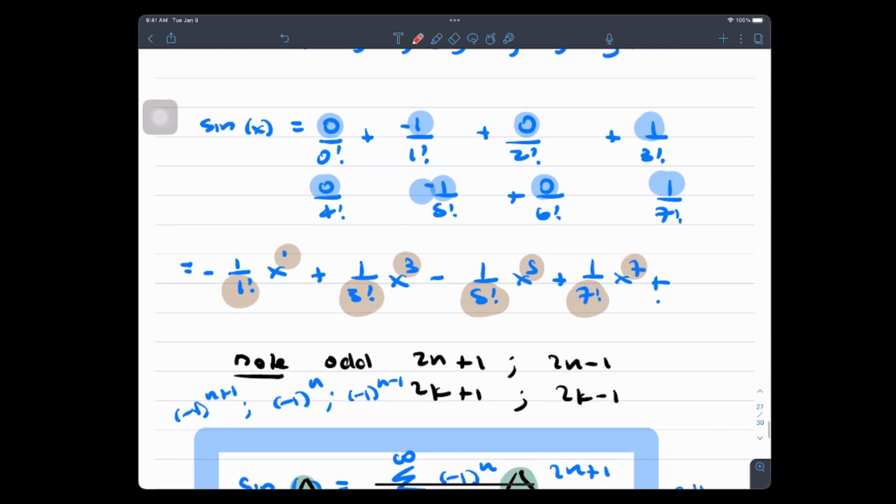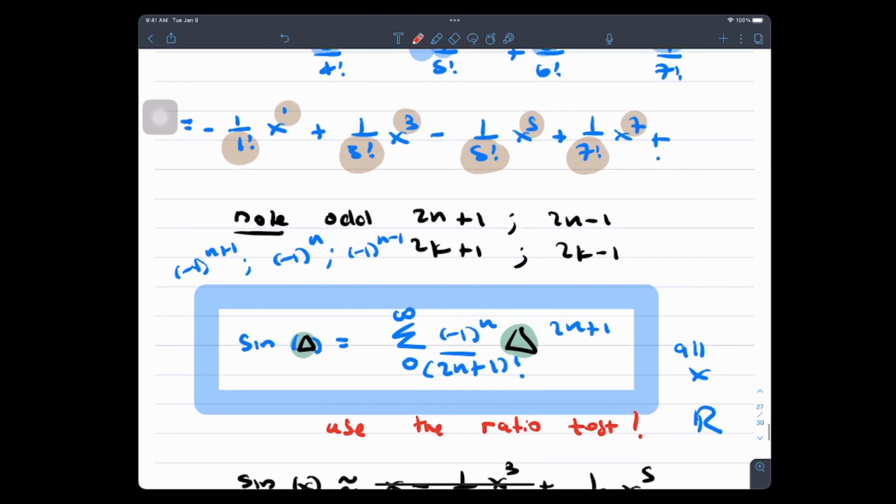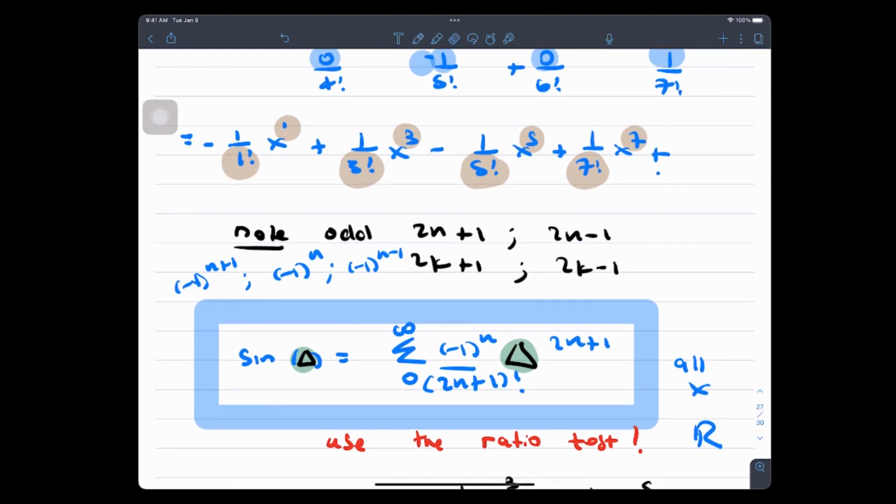All right. So let me see if I can get the sequence here. Let me just change it.